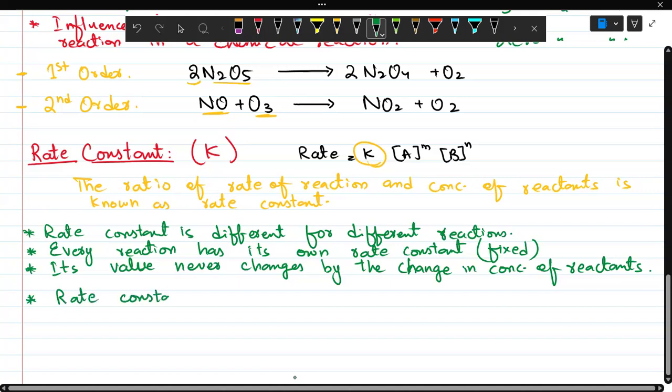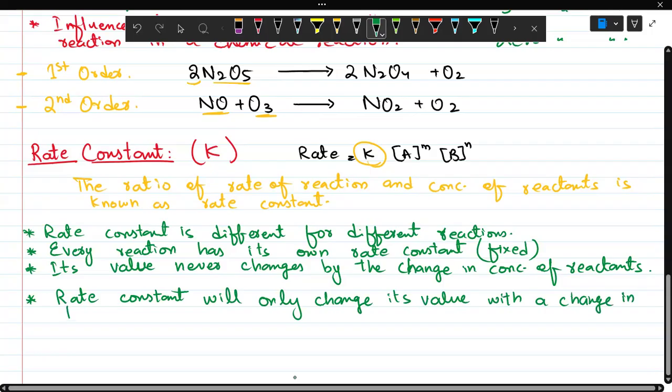Rate constant will only change its value with a change in temperature.